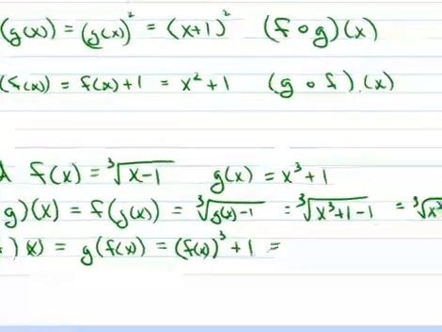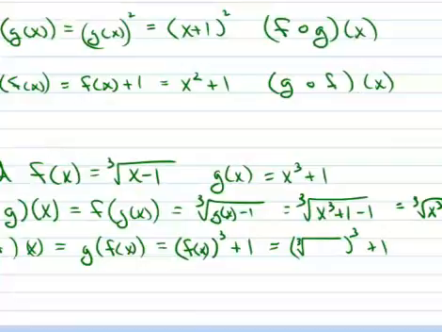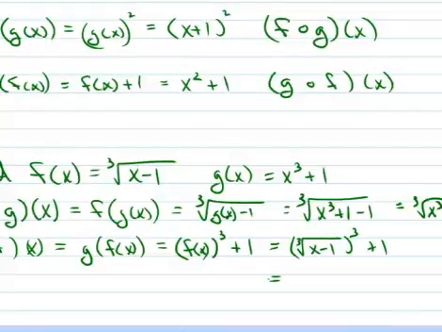Well, we know that f of x is actually the cube root of x minus 1. What a bad way to leave an answer. We should simplify that. Well, the cube root, cubed, is just x minus 1. And minus 1 plus 1 is 0, so you're left with x.